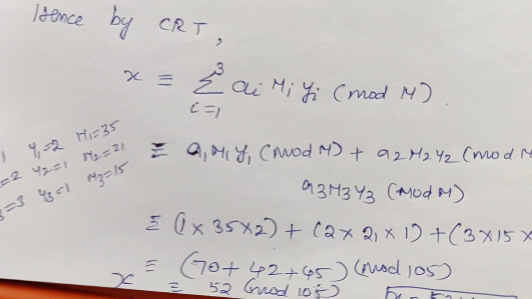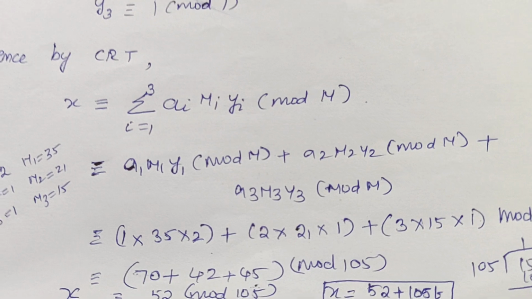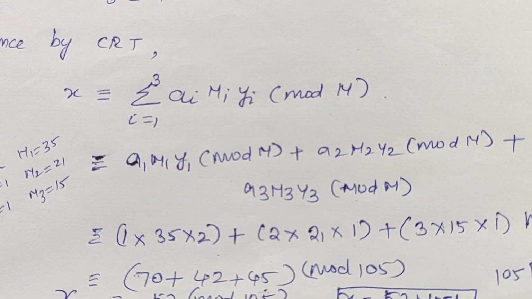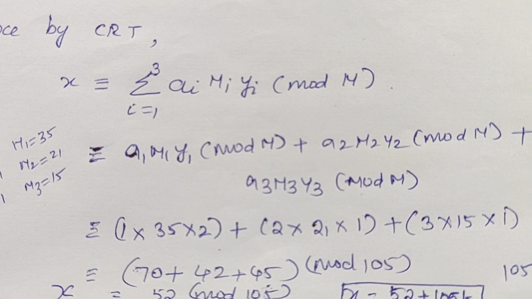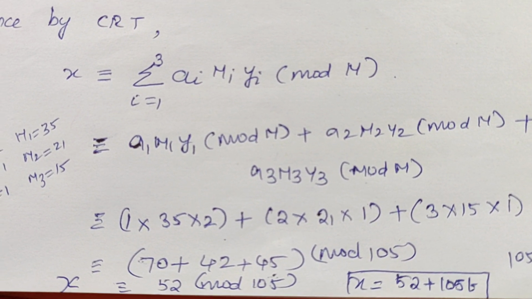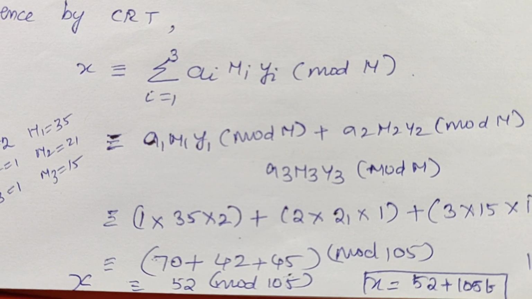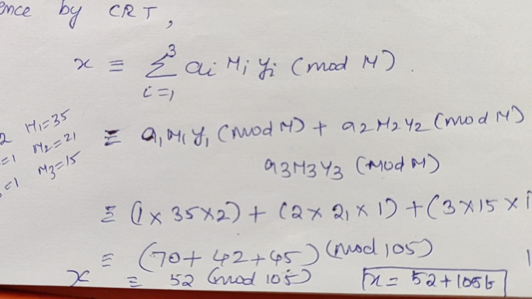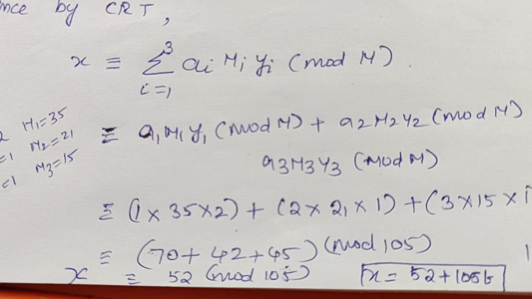Hence by Chinese remainder theorem, finally I find out the value of x as summation i varies from 1 to 3 of ai Mi yi mod capital M. So when I expand this summation, it may be written as a1 M1 y1 plus a2 M2 y2 plus a3 M3 y3 mod M.